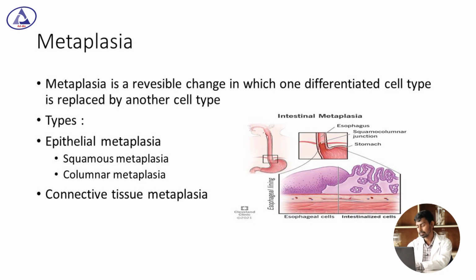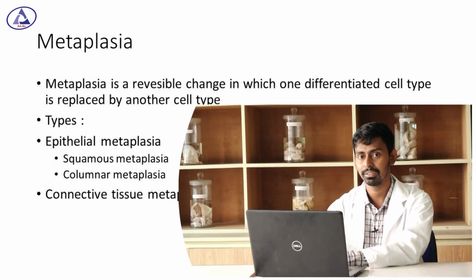In a chronic smoker, squamous metaplasia occurs in the lungs, where pseudostratified ciliated columnar epithelium is replaced by squamous epithelium. In Barrett esophagus, columnar metaplasia occurs, where esophageal squamous epithelium is replaced by columnar epithelium. Connective tissue metaplasia occurs in myositis ossificans.